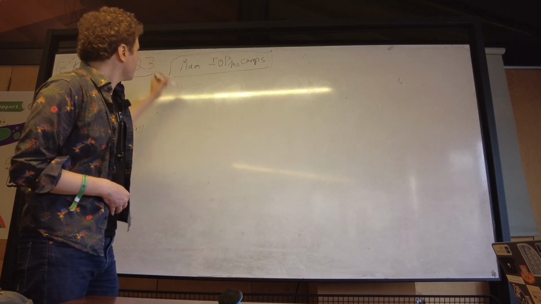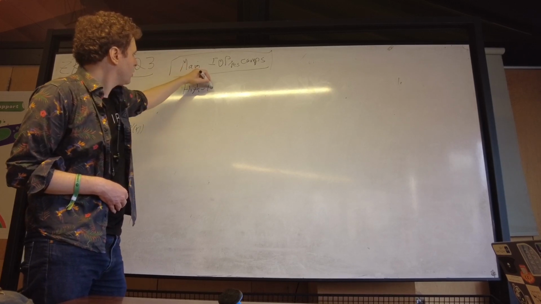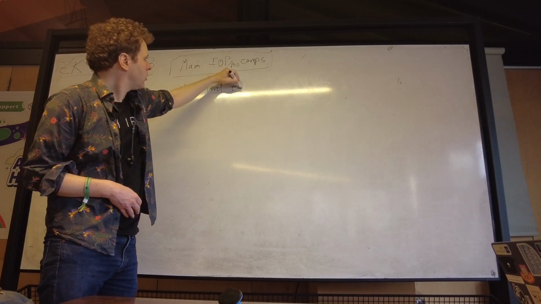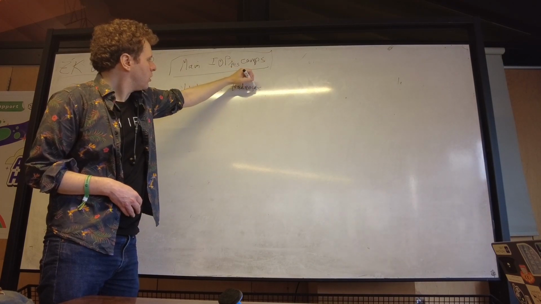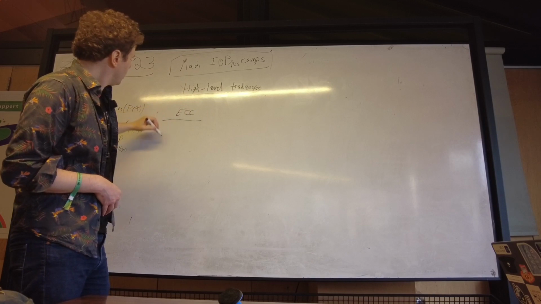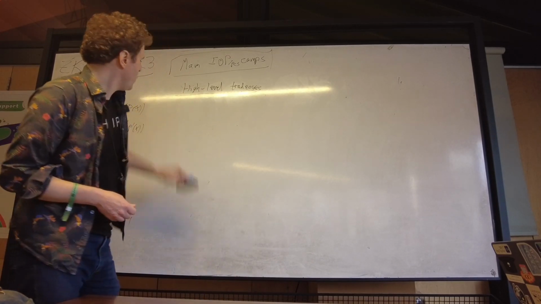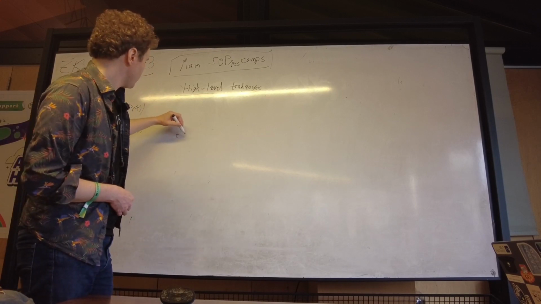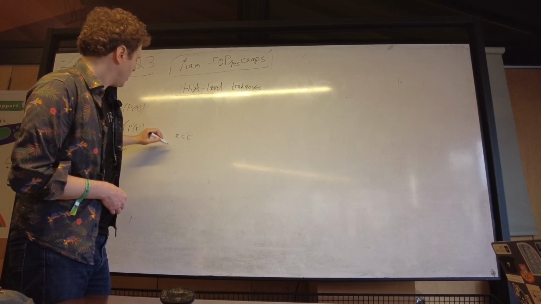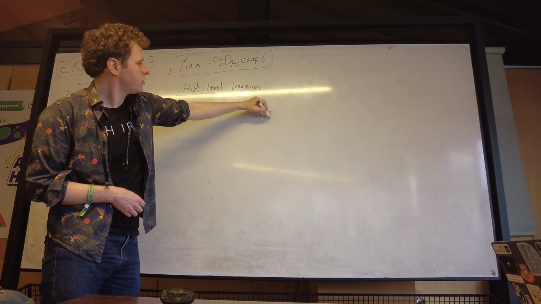Yeah, so high-level trade-offs. For ECC, actually, let's do a table. Let's make a table. A very wiggly, squiggly table. So we have ECC, we have hashes.